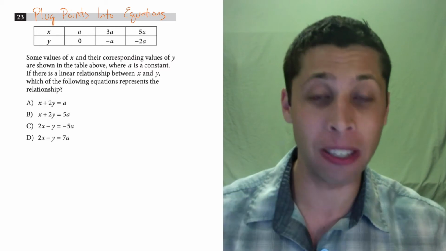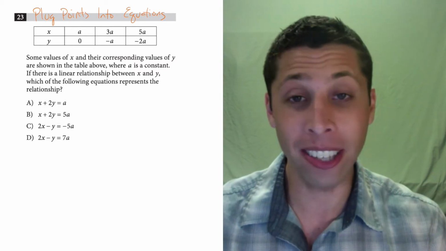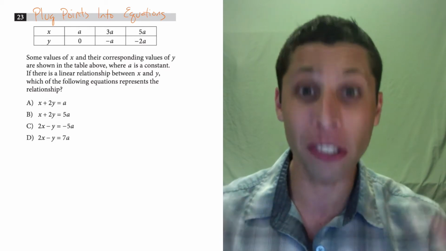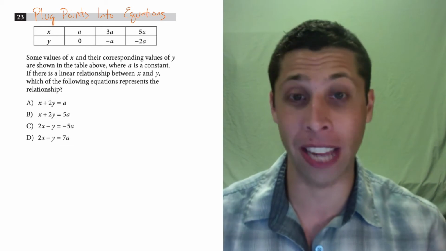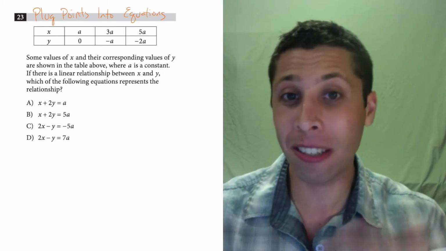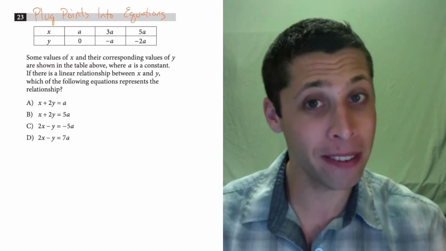So this is a little bit different. But if we have faith in the strategies, we're going to find that these little differences don't matter. That's what makes the strategy so useful, is they're versatile. They work on lots of different cases, and it's more just about recognizing what you're given and less about the specifics of the question. So points and equations, let's plug them in as we're instructed.